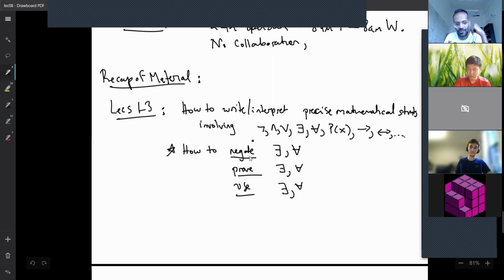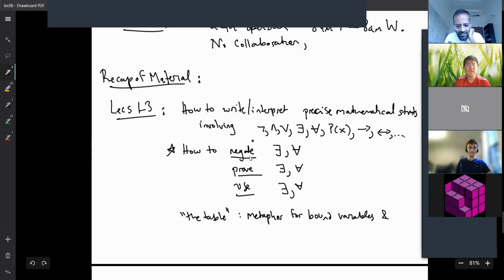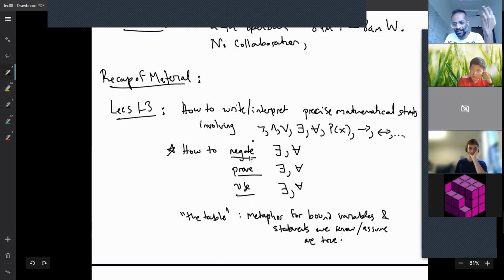And by use, I mean, when you assume such a statement is true, and when you know such a statement is true, what does it put on the table, which is something I keep mentioning, which is just this metaphor for all bound variables and statements we know are assumed to be true. So when you're reading or writing a proof, you should always be aware of what's on the table.